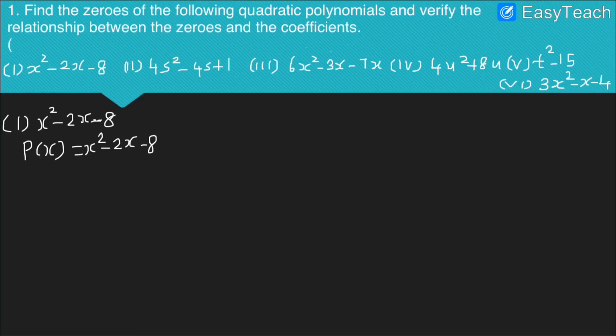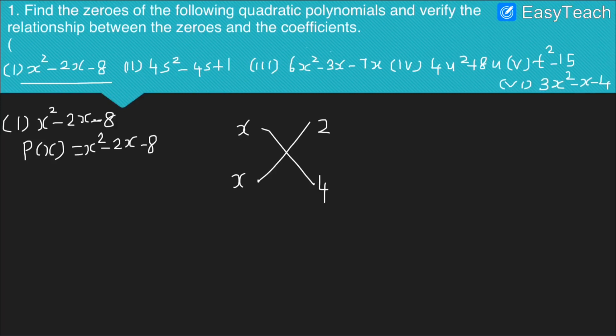First I take the first problem, x squared minus 2x minus 8. First I write it as p of x. Then I want to split the polynomial using this cross method. So in the first part I write x on the LHS, and here the only way is 2 4s are 8, not other numbers.